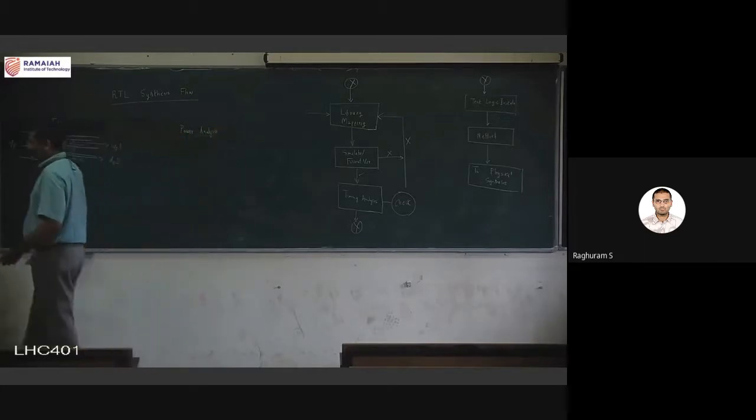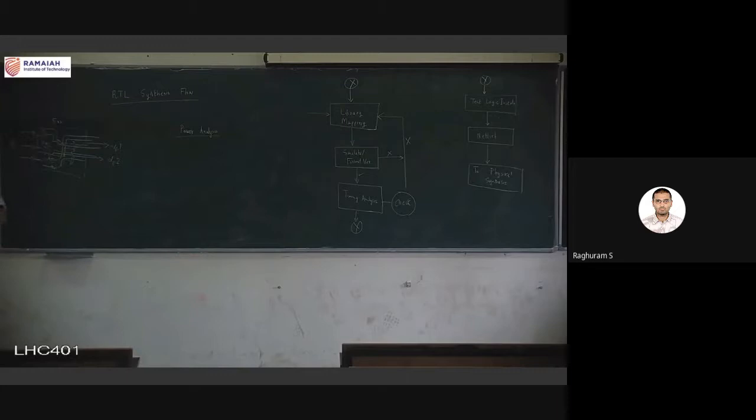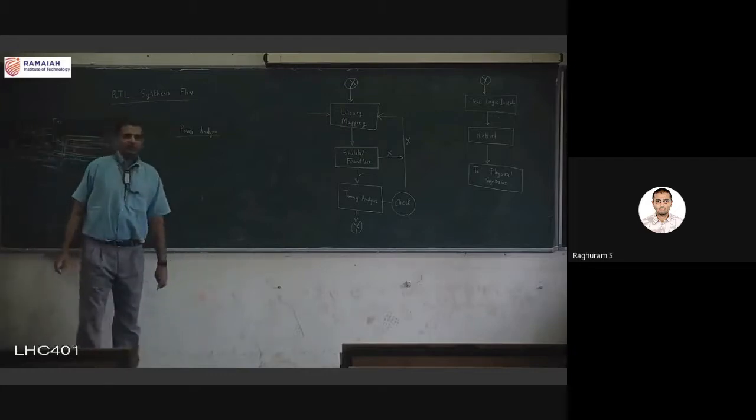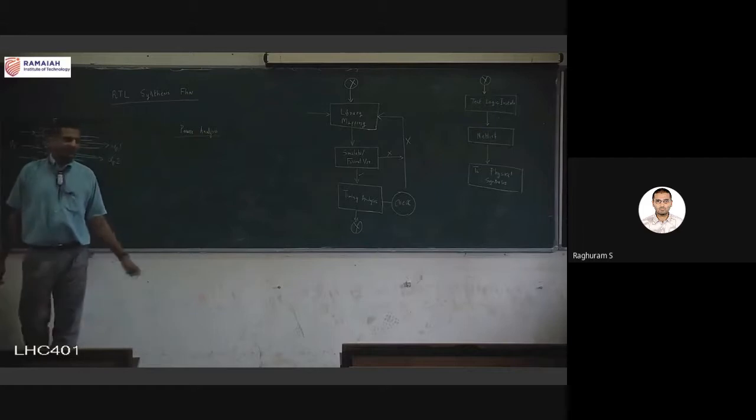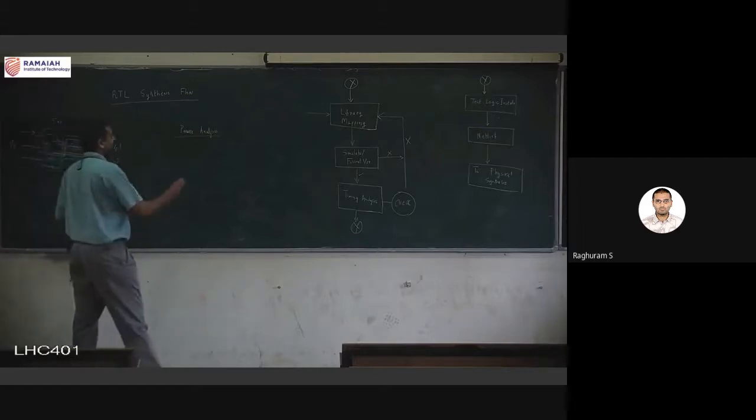Power analysis is also an important aspect. Since we have the power information as part of the library data, we can do a power analysis. It's not very distinct, just what it says.